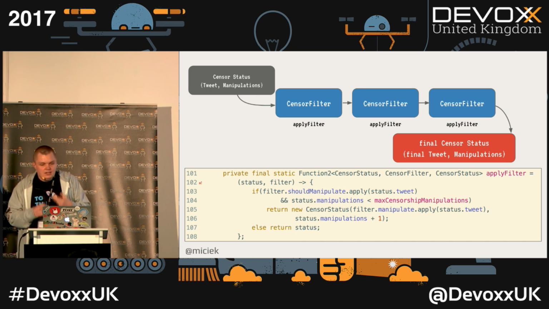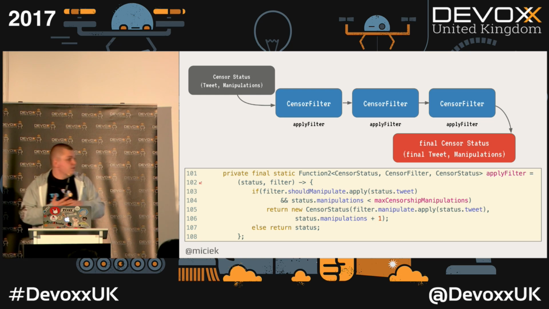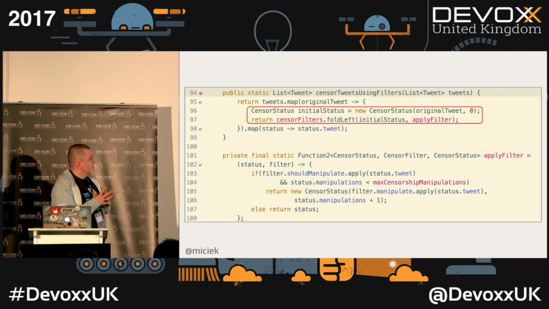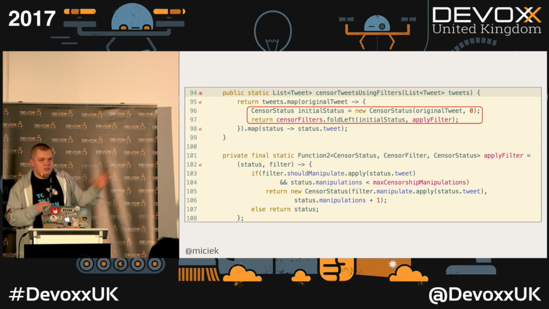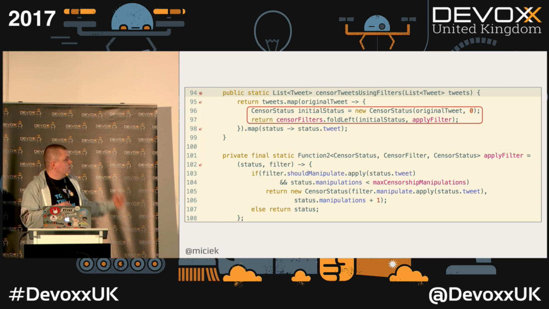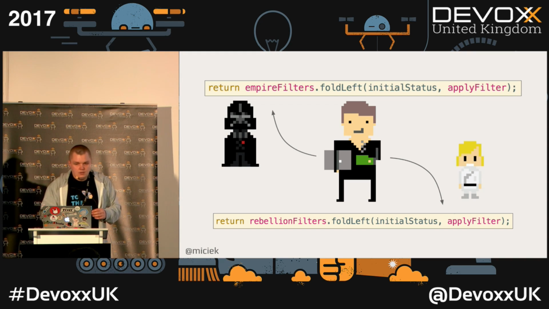So folding allows us to have state without any mutable variables. Everything here is final. So this is the whole algorithm. The meat is over there in lines 96 and 97: we just create an initial status with the original tweet and 0 manipulations, and we fold left through the whole censorship list.